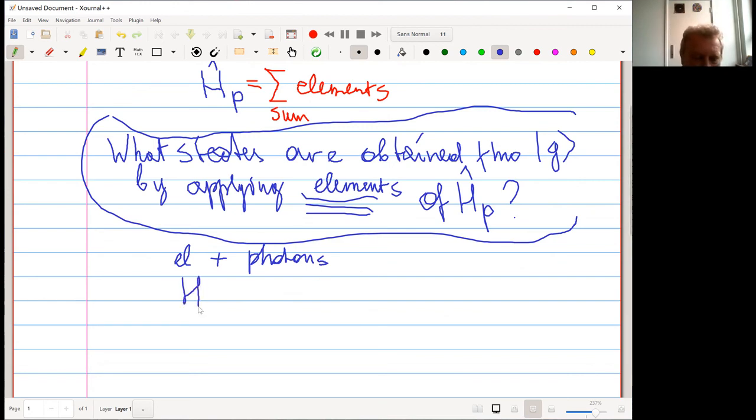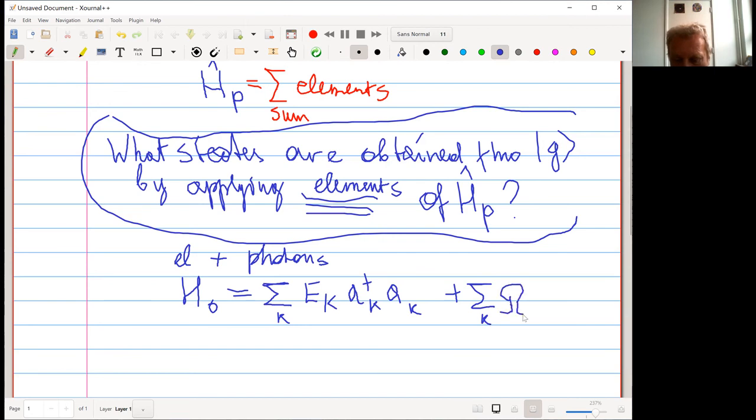So there is a simple Hamiltonian, which is a sum over electron energies, let me call A the electron operator, and a sum over phonon energies. I said photons, but I mean phonons.